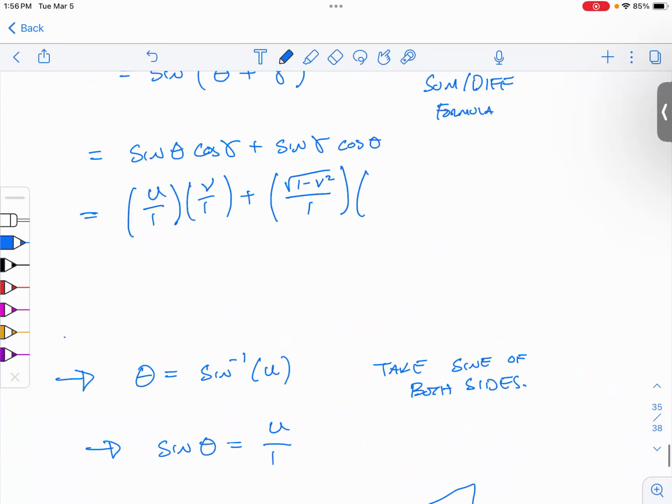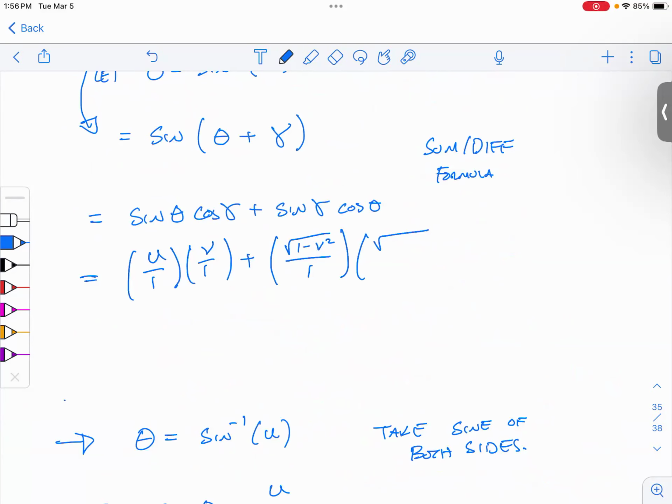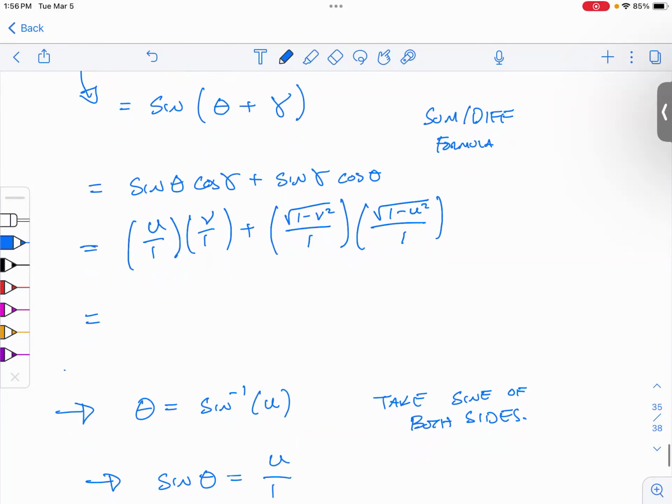Square root of 1 minus u squared. And then I can simplify this down, and this actually simplifies pretty nicely. uv plus square root of 1 minus v squared times 1 minus u squared. And be aware, square root of 1 minus u squared does not become 1 minus u. That doesn't work.